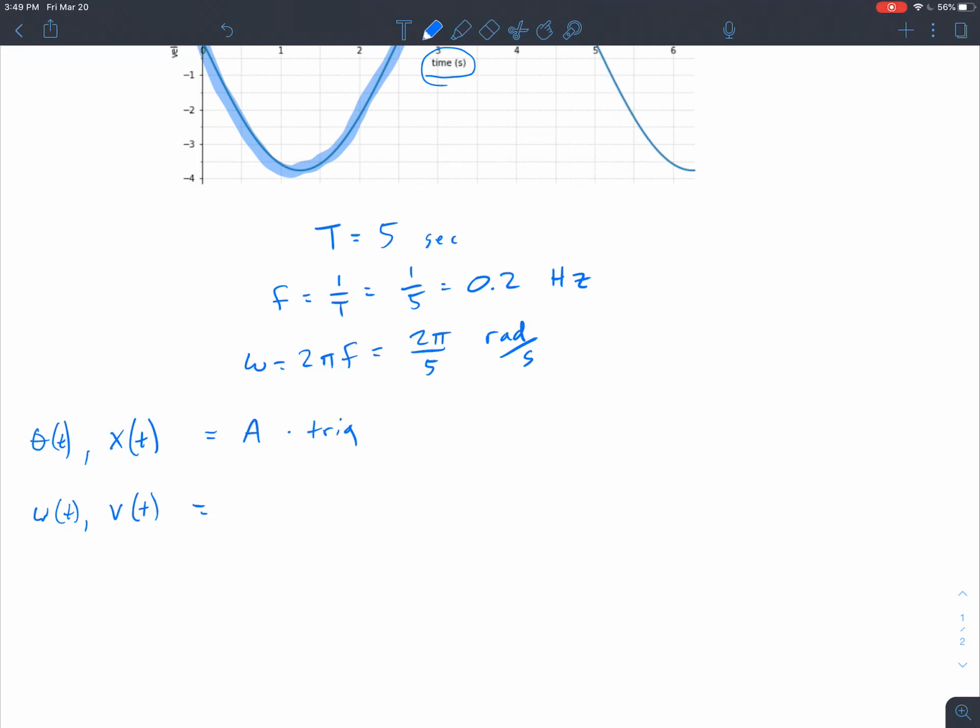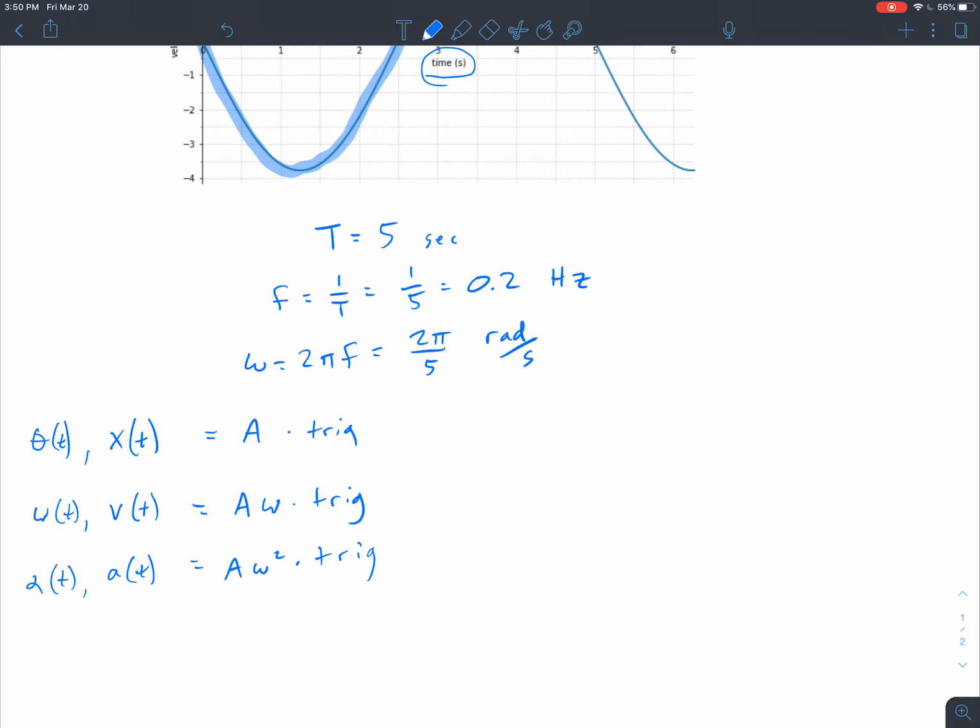V would be A omega times some trig function. And acceleration as a function of time will look like A omega squared times some trig function.